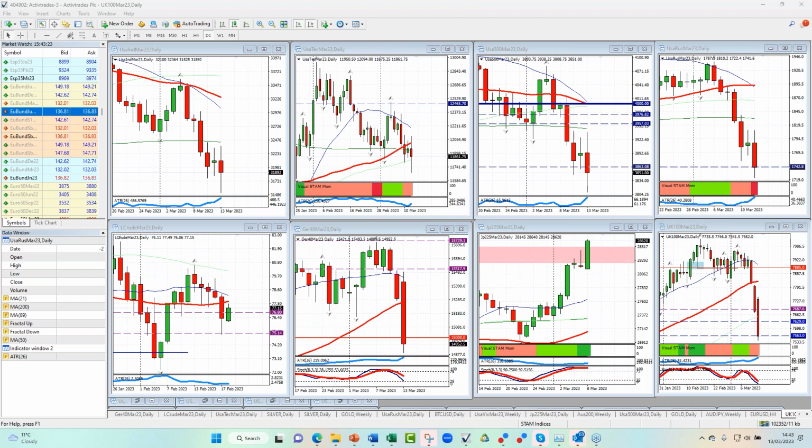Firstly, we had Mr. Powell speaking at his Senate hearings last Tuesday and Wednesday, and the comments that he made about how they may still raise interest rates, and carry on higher for longer than people had expected. That was the first thing to throw markets into a bit of a tizz, shall we say? And we saw a distinct sell-off there to start.